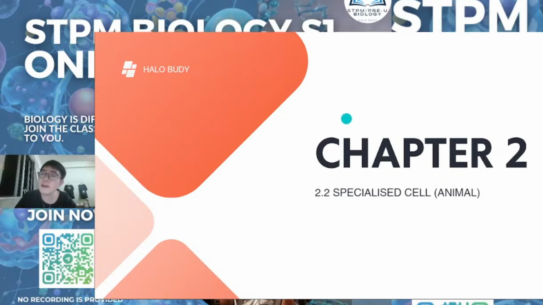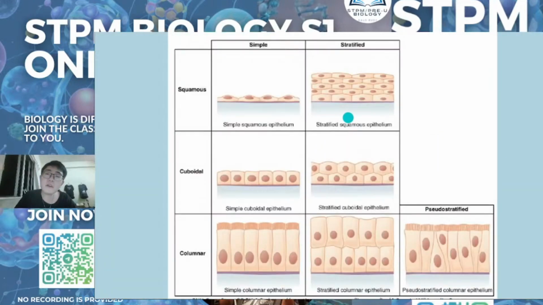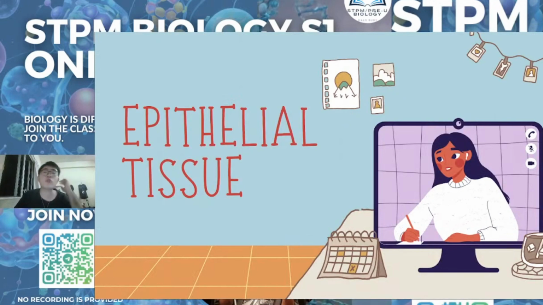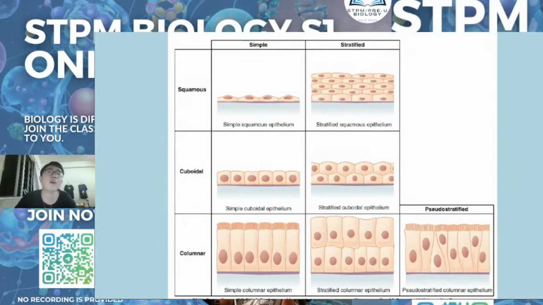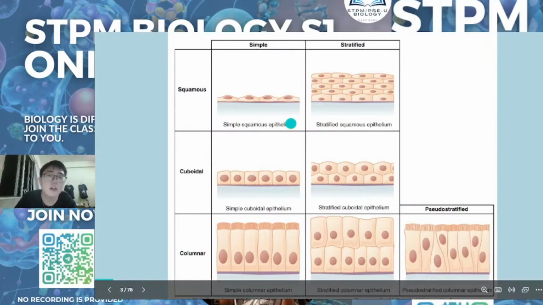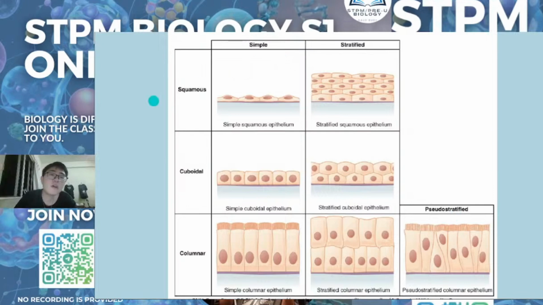Next, first of all, you will proceed to the first type, epithelial tissue. These are all the epithelial tissues that you should learn. There are 4 main types: squamous, cuboidal, columnar, and also pseudo-stratified. Squamous tissue is the very basic tissue.